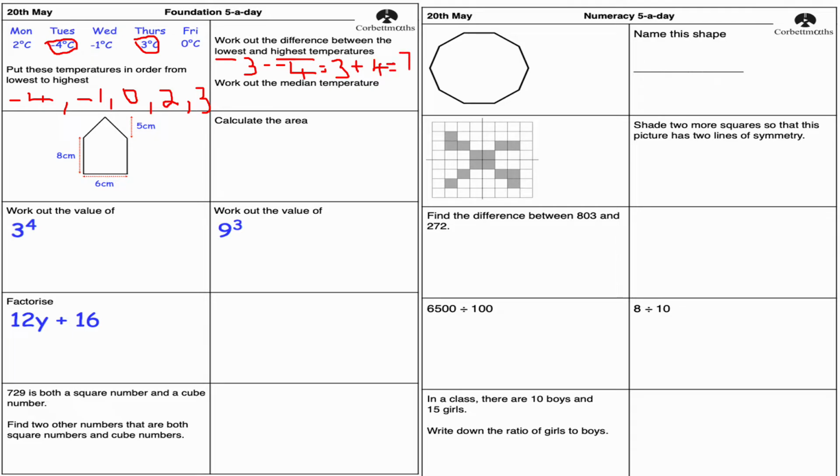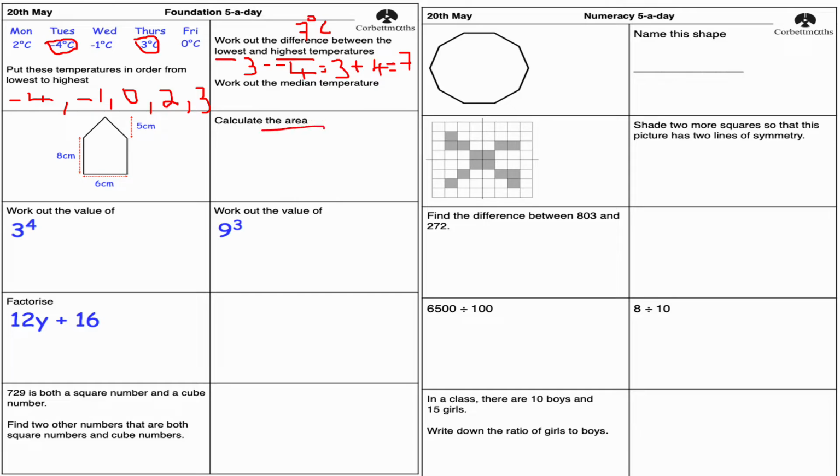So it's 7 degrees difference between the lowest and the highest temperature. I add 7 degrees to get from -4 degrees to +3 degrees, from Tuesday's temperature to Thursday's temperature. Next question, guys.